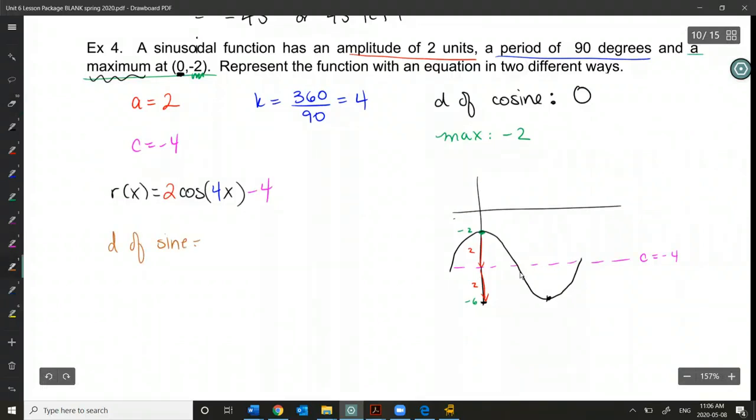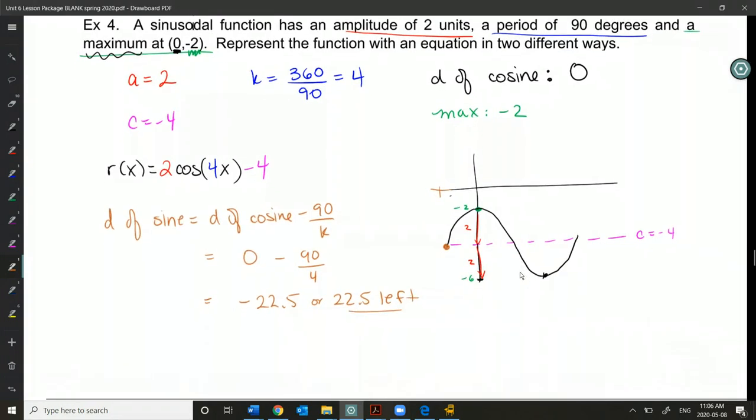So d of sine equals d of cosine. And we can actually visibly see here the rising midline is further to the left, so we want to subtract 90 over k. So d of cosine is currently 0, and k is 4. So this should give us negative 22.5, or in other words, we're saying 22.5 to the left. So let's plug this into our sine equation.